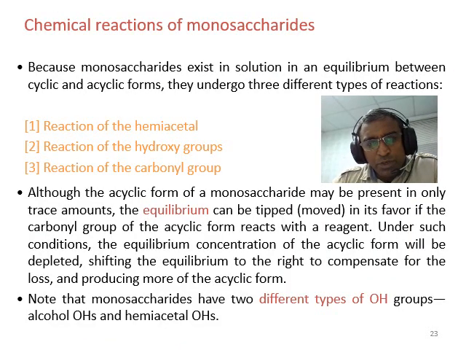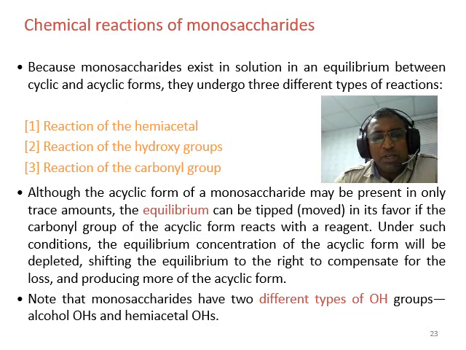So this is a continuation from the previous slide about the formation of cyclic and acyclic structures. When it forms these two different structures, it will be able to have a few reactions which are confined to these two structures. The reaction could be at the hemiacetal, that means involving the hemiacetal carbon.